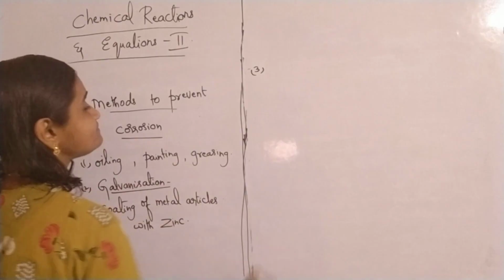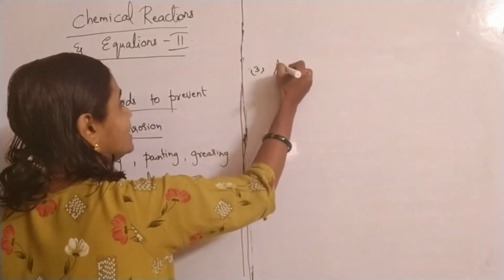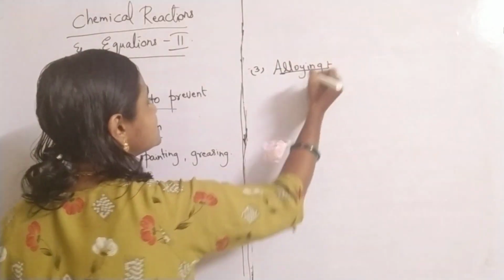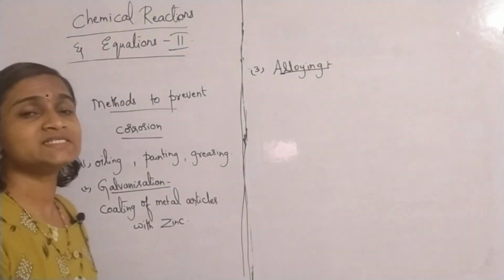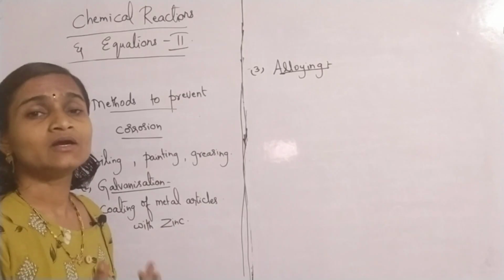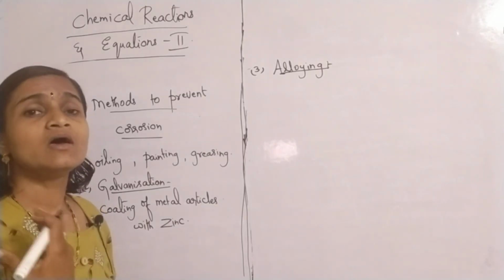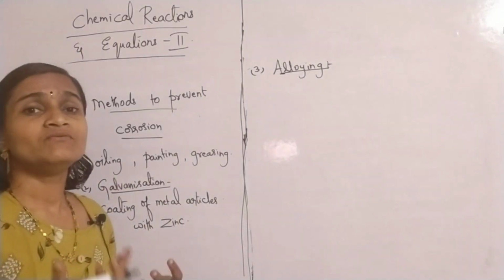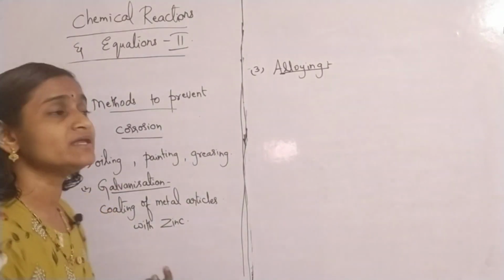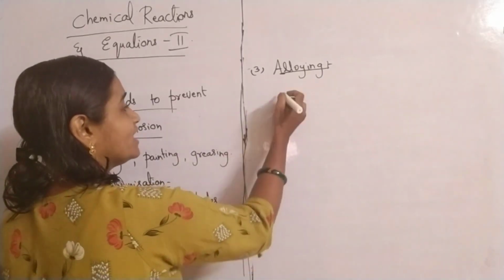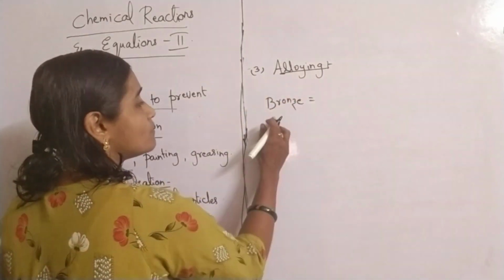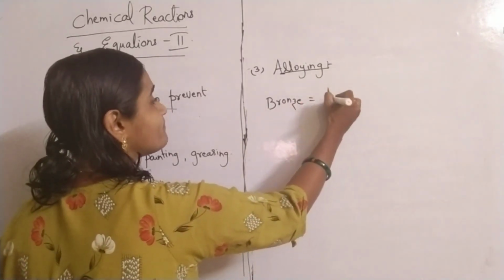Next we have alloying. Alloying is mixing of two or more metals to give a bright finish or to improve the properties of that metallic substance. That process you call alloying. You can easily remember bronze.